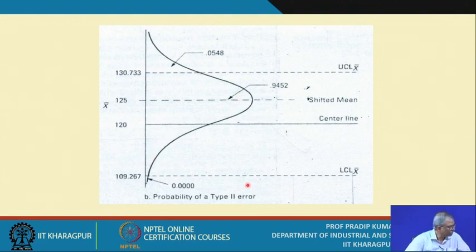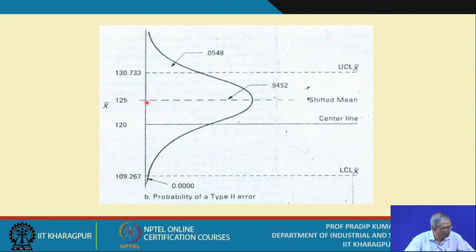So how do you do this? It's very simple. You calculate the z value at 130.733 when the mu is 125, and we are assuming the sigma remains the same, and you calculate the z value at 109.267 when the mean is shifted to 125.